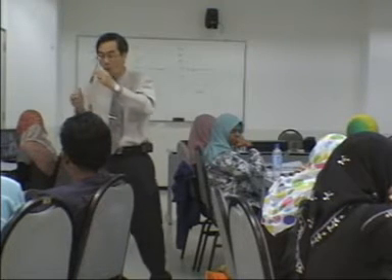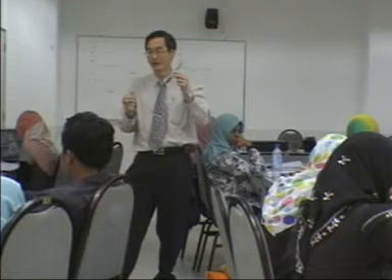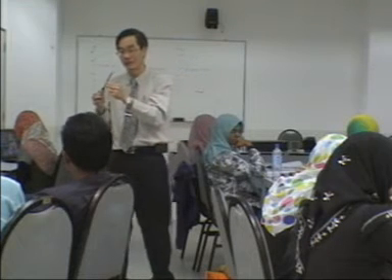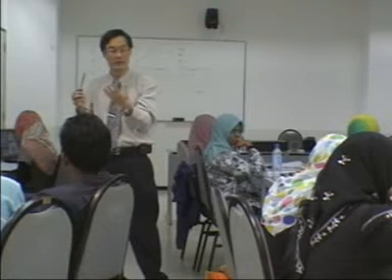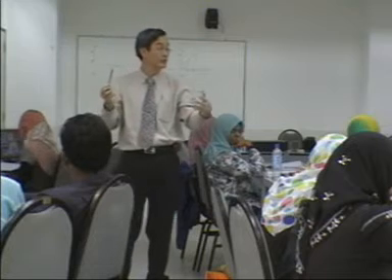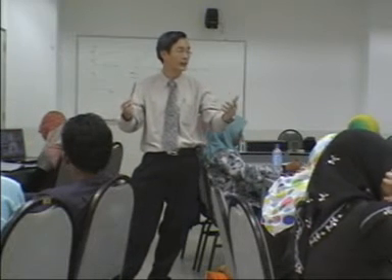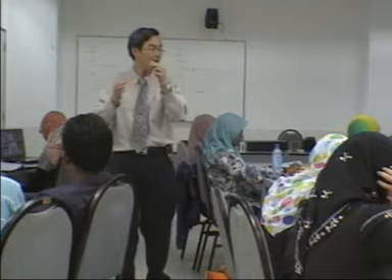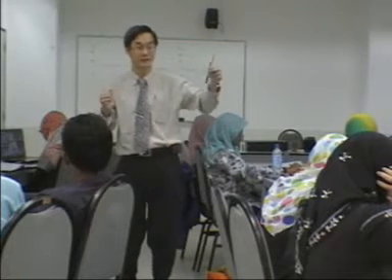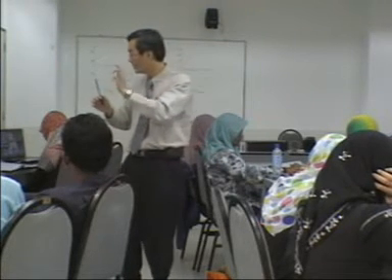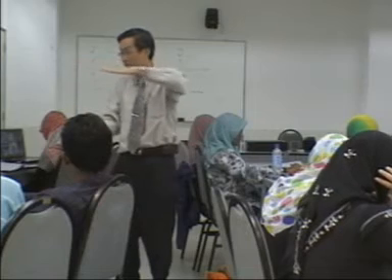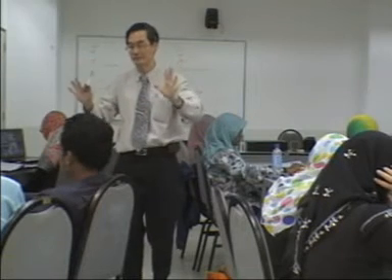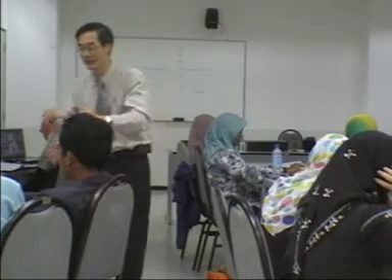If you sell 1,000 units, how much will be your total sales? $4,000. If you sell 10,000 units, it will become $40,000 total sales. So the selling price per unit will always remain the same. The same goes for the variable cost. And the fixed cost, the total fixed cost will remain the same. Okay? You get it clear?